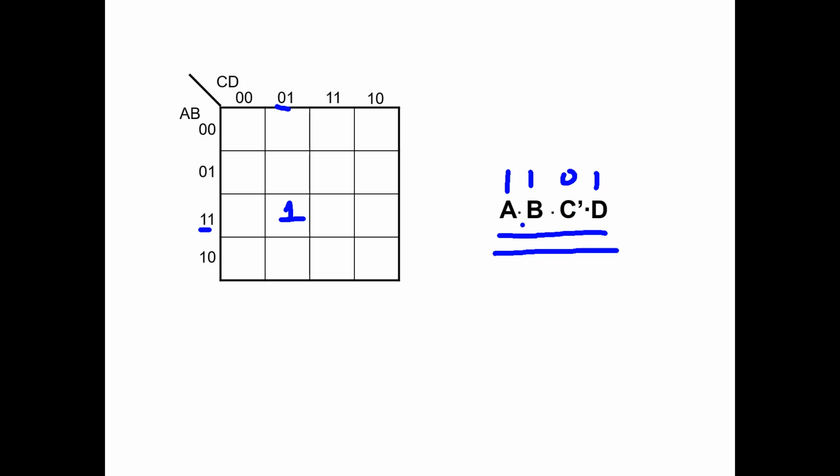Note, if your system has 4 input variables and the product term has all 4 input variables, in the K-map it will cover only 1 cell. And how about this?